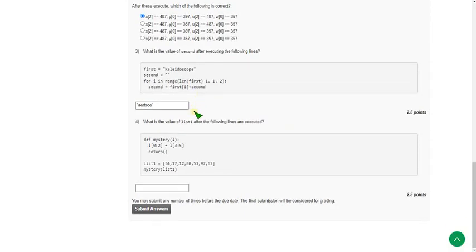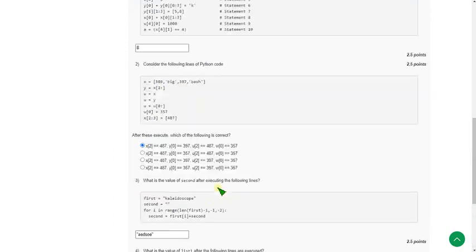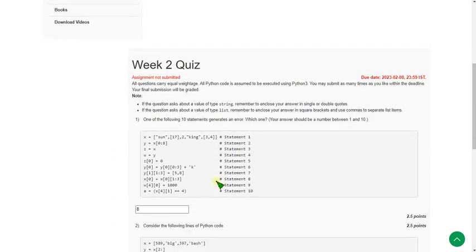And the final question, that is the fourth one. What is the value of the list1 variable after the following lines are executed? After executing this and testing the list1 value, we will get a list. I will show you the rule actually.